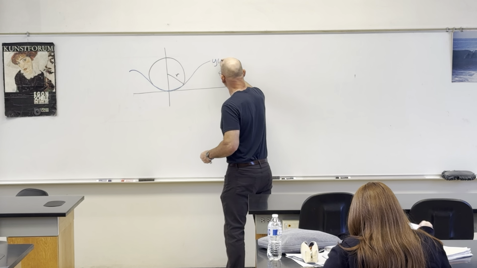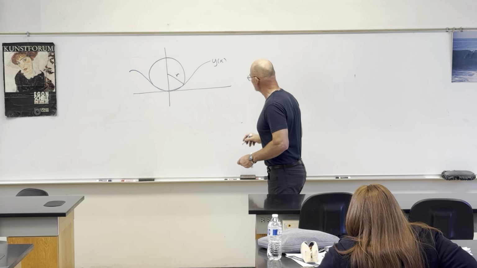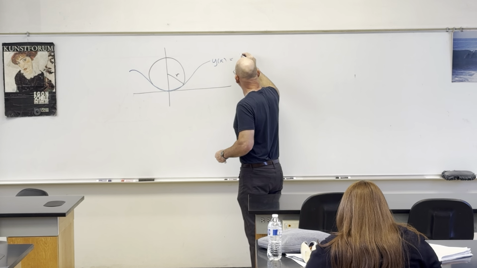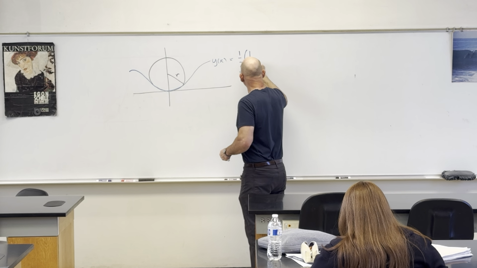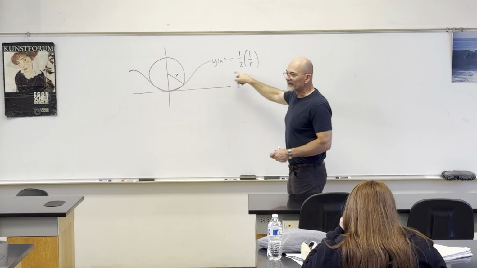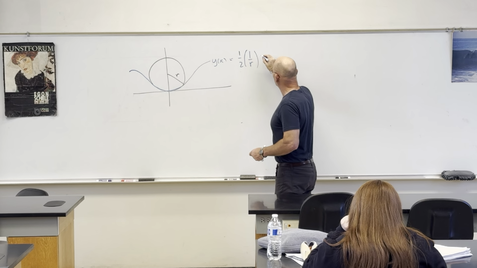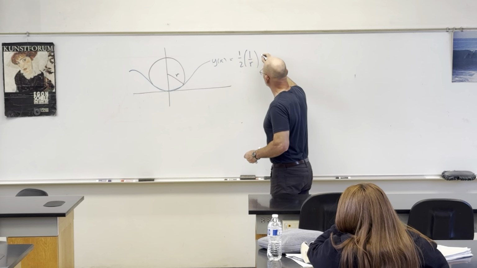Okay. y of x equals 1/2 1 over r, that's the second derivative, this is from a Taylor expansion, x squared, right?